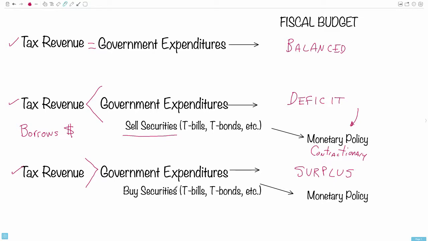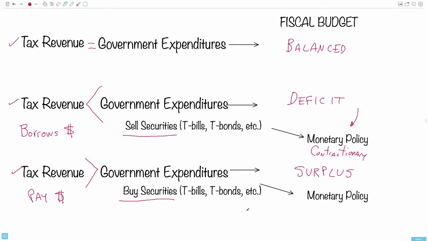Well, now that the government is collecting more money than it's spending, the government is in a position to pay some of this money back to the public, right? And they do that by not selling, but now buying the securities from us. So we used to have the treasury bills and treasury bonds in our savings accounts, but now the government is buying them from us through, once again, open market operations.